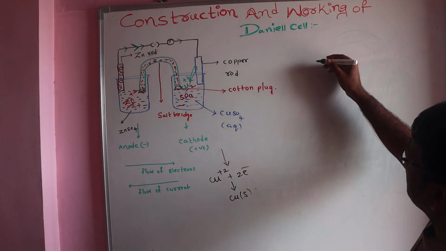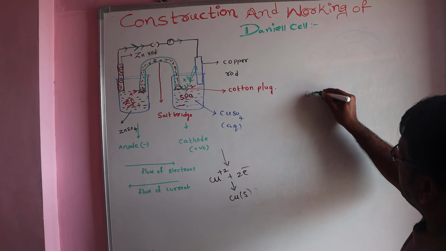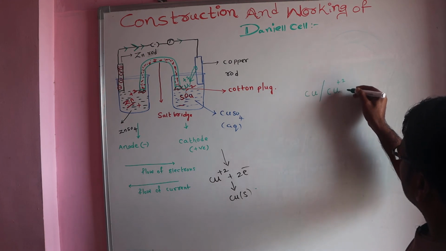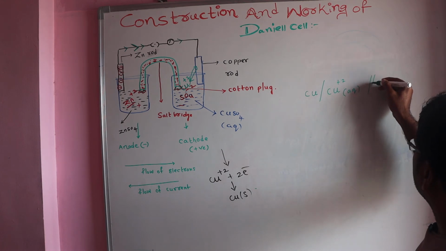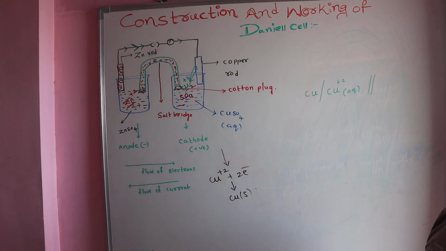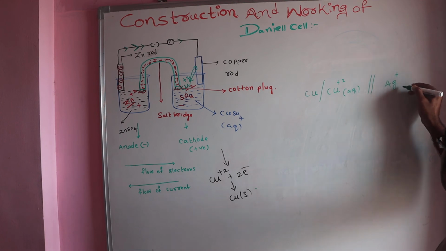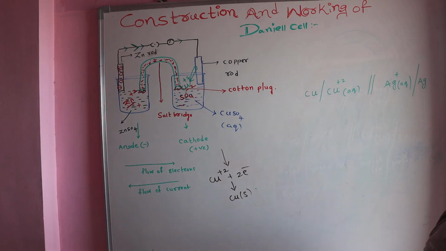Suppose we have a cell representation like this: Cu is converted into Cu plus 2 aqueous, separated with a double vertical line, which indicates the salt bridge. Next, Ag plus ions, aqueous, are converted into Ag. Like this the cell representation is given.